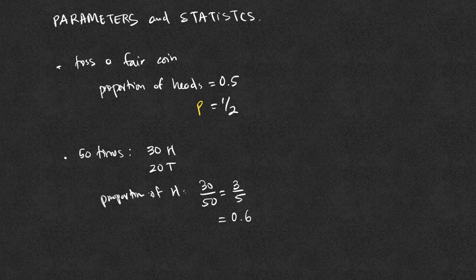But for the 50 tosses in the sample, we denote it using p hat. P hat is used for the sample proportion, and p refers to the proportion of the population.